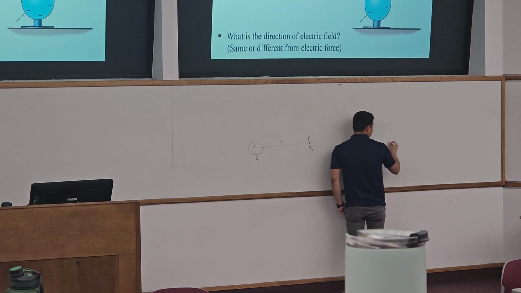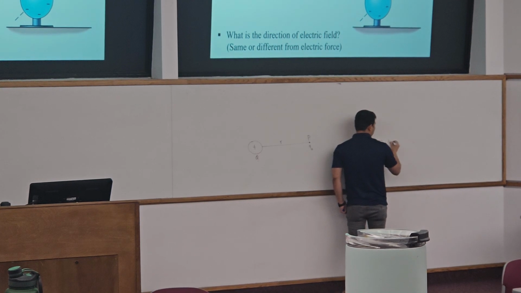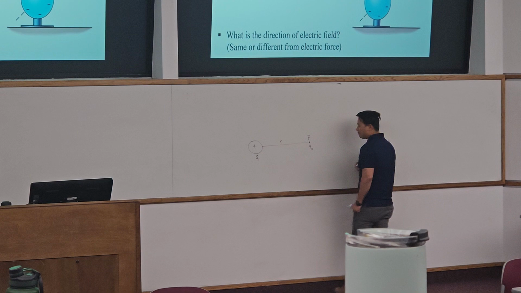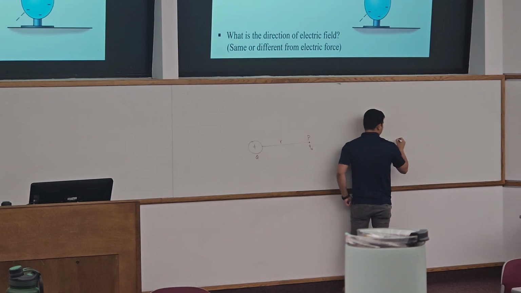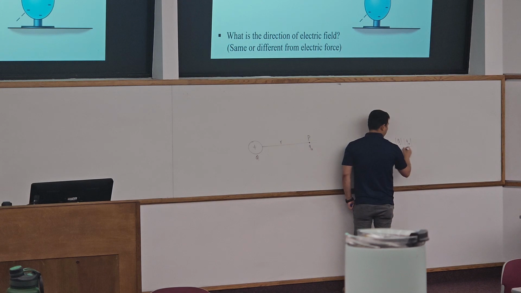According to Coulomb's law, the electrostatic force between this test charge and Q is given by k, magnitude of Q, times Q0, divided by r squared.